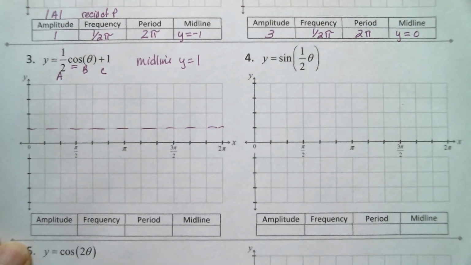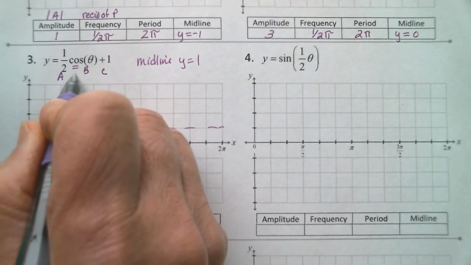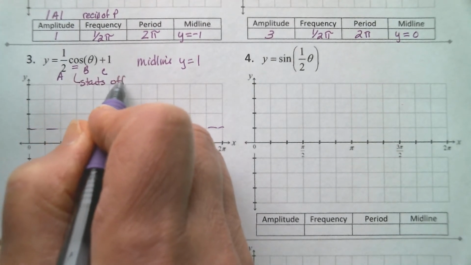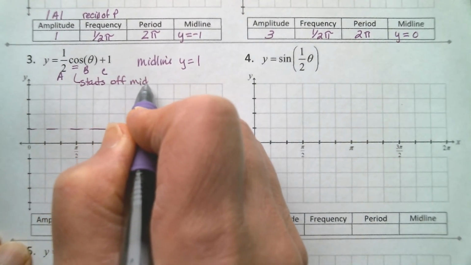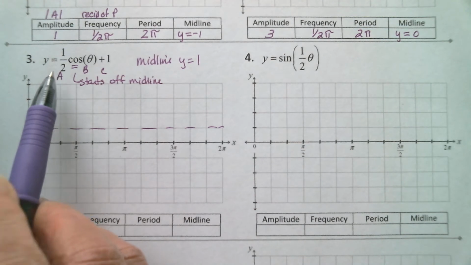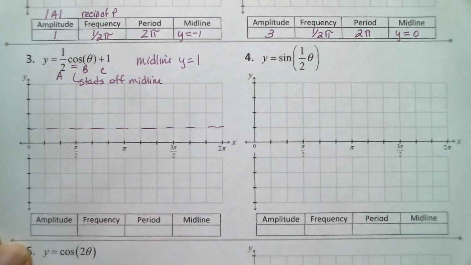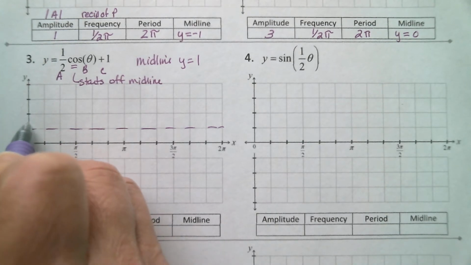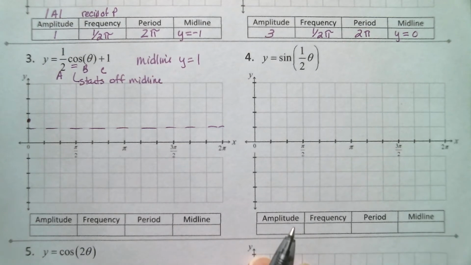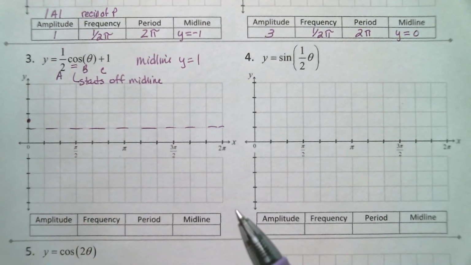Okay, so going back, cosine starts off the midline. In this case, A is positive 1/2, so it will start half a unit above the midline. If it was negative 1/2, it would start half a unit below the midline.